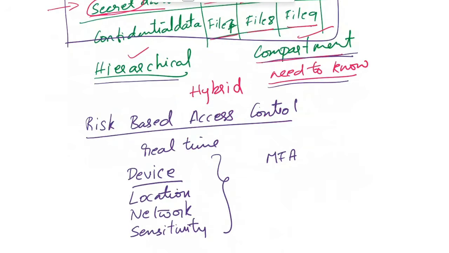Here, when the user logs in, many factors are considered, either to allow a normal login with user ID and password, or to ask for more proof like MFA, or to ask for the device to be registered. Some of the factors analyzed in risk-based access control are the device, the location, the network, and the sensitivity of the resource being accessed.